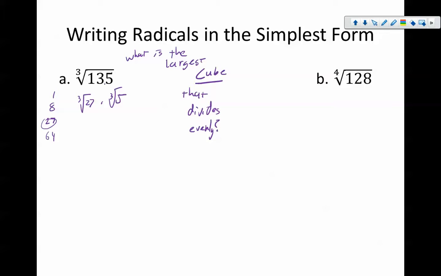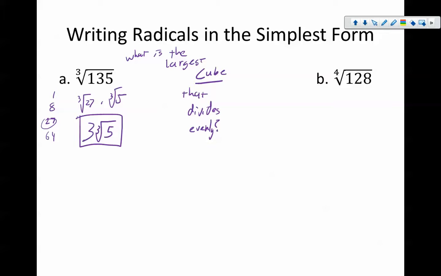Which is great because we can split up the cube root of 135 into the cube root of 27 times the cube root of 5. And I know the cube root of 27 is 3, which means the simplified radical here is 3 times the cube root of 5.